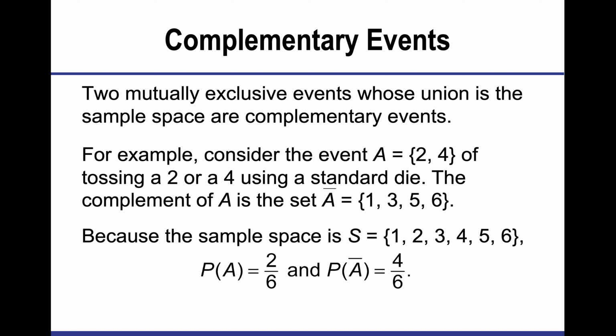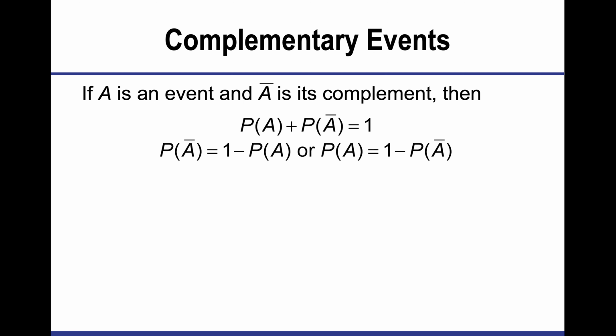Therefore, the complementary event of A would be 4 out of 6, because when I say complementary, that's saying not A. So what is the probability of not getting a 2 or a 4? Well, that would mean I would get a 1, 3, 5, or 6. Those are 4 items out of 6 total. So complementary is kind of thought of as the not.